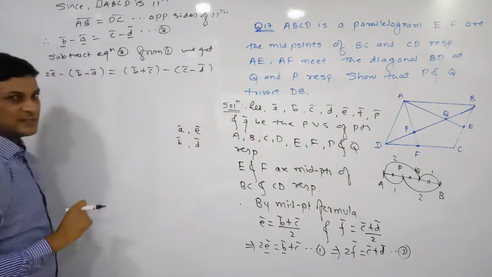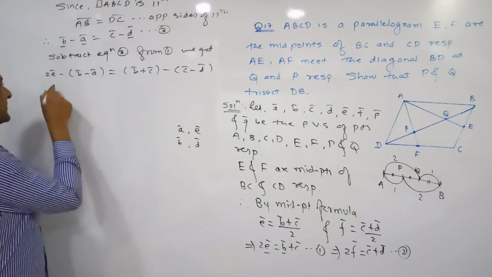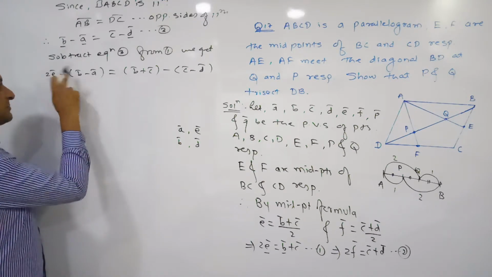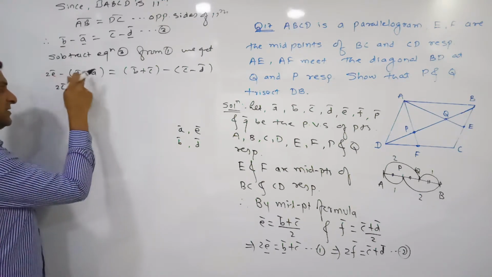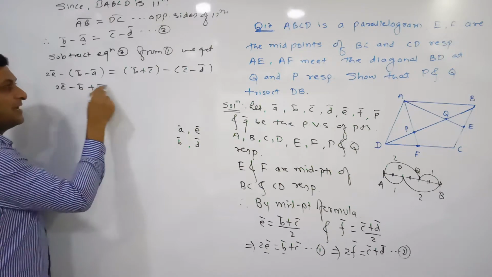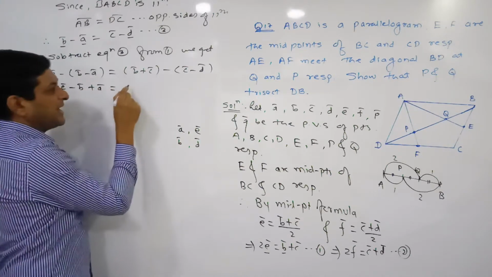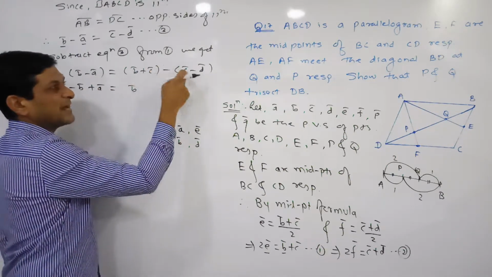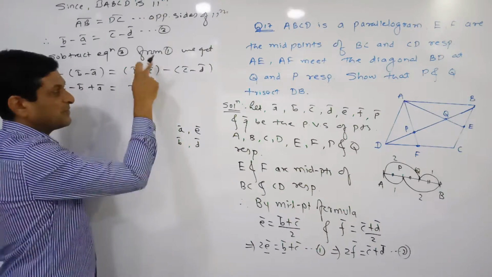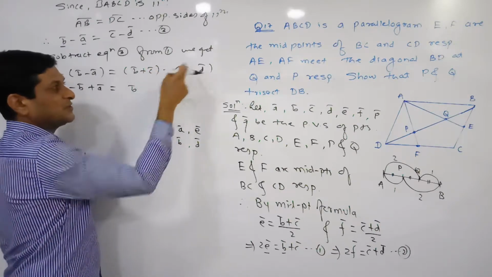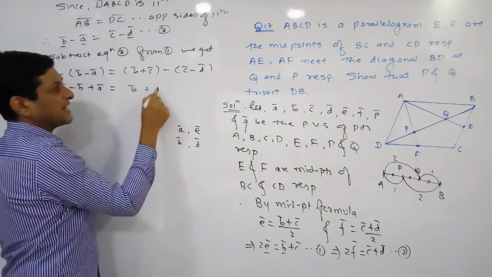Just simply we have taken the subtraction of these two equations. So on this side 2E bar, keep it as it is, minus into minus B bar is minus B bar, minus into minus A bar is plus A bar, and on this side B bar, keep it as it is, plus C bar, and minus C bar gets cancelled. The remaining term is minus into minus, plus D bar.